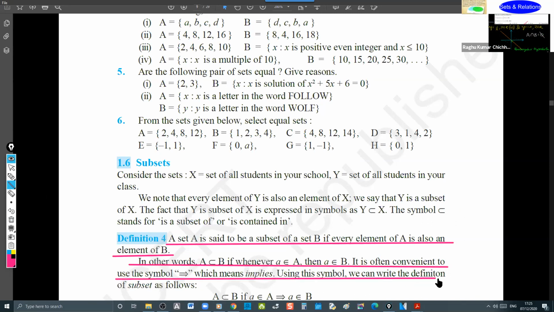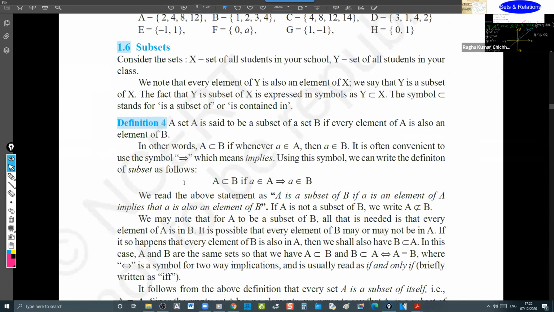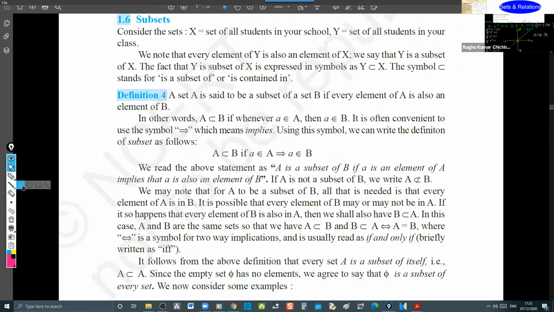Using the symbol, we can write the definition of a subset as follows. That's how the subset is denoted, that's what he's saying. This is the point to be noted: A is a subset of B if a belongs to A implies a belongs to B also.